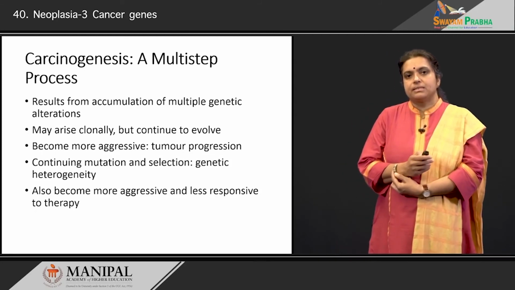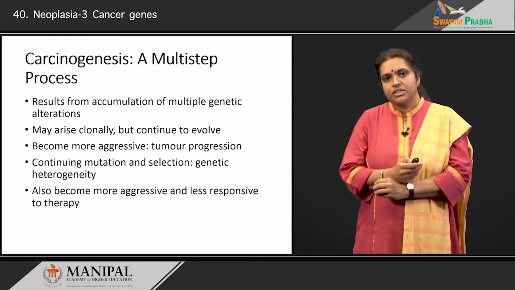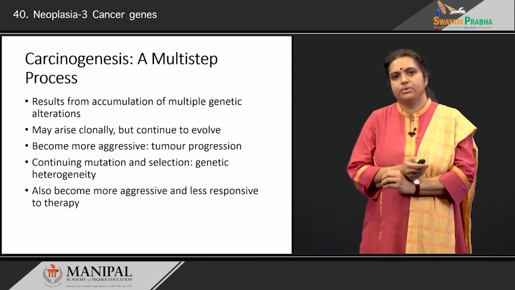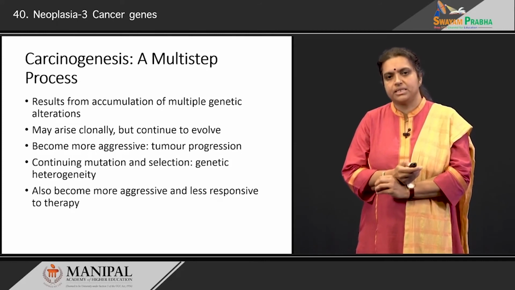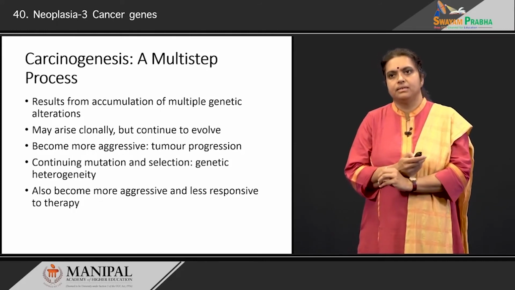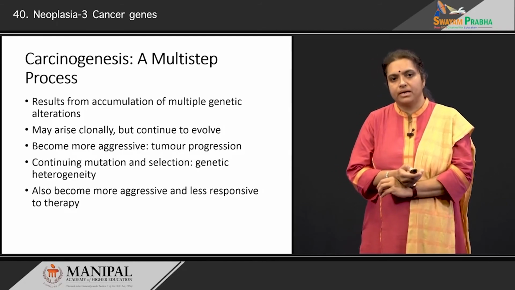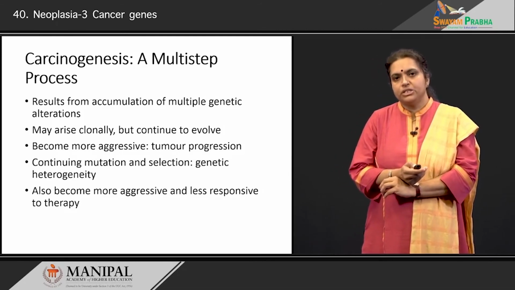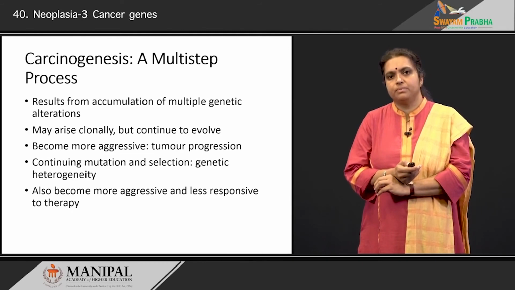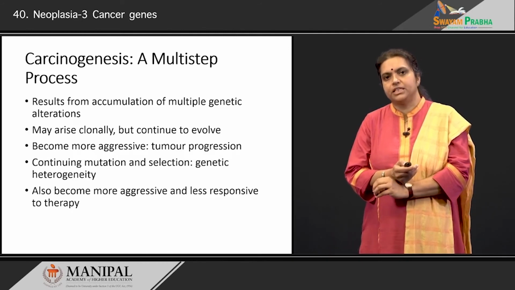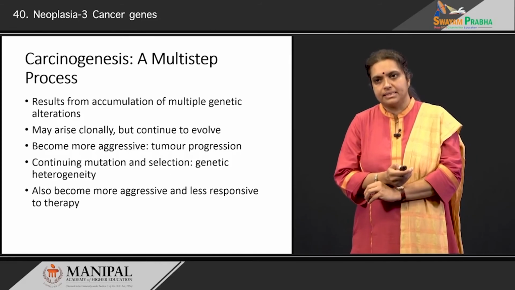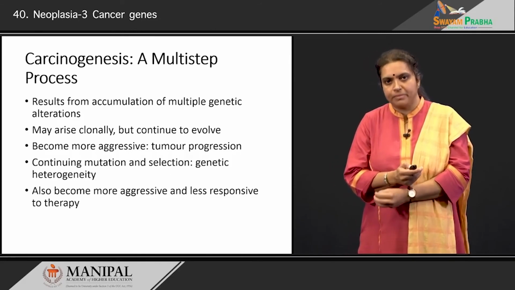Well, we discussed certain changes in cancers as though one change occurs in a certain cancer and that leads to malignant transformation, but we must bear in mind that it is not just one hit that changes the cell into a cancer cell and it just grows from there.